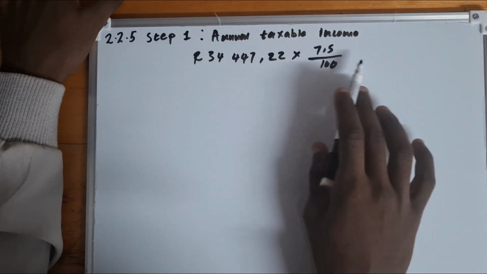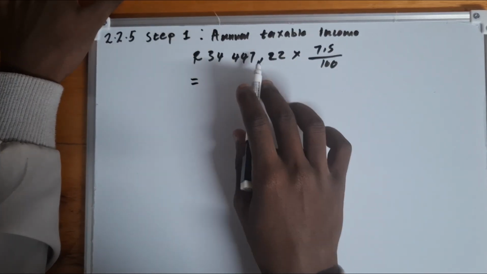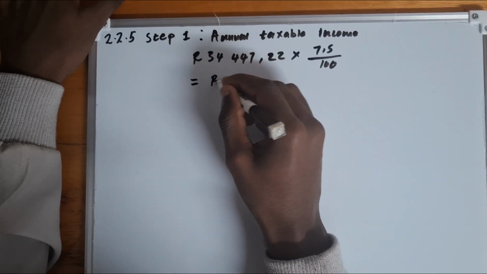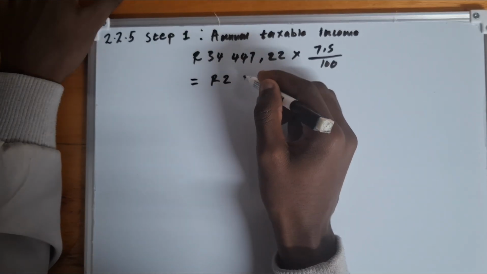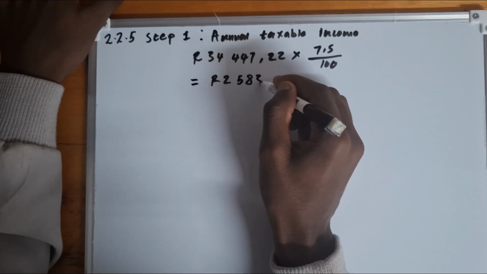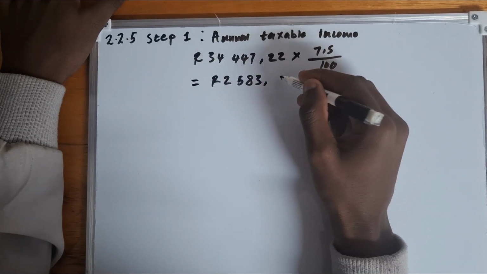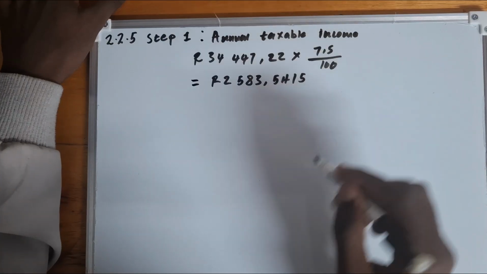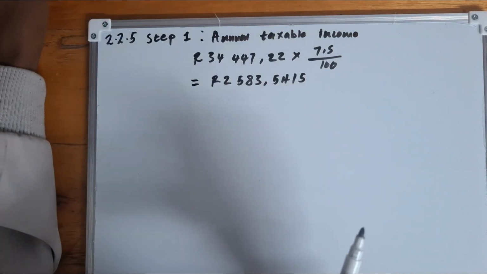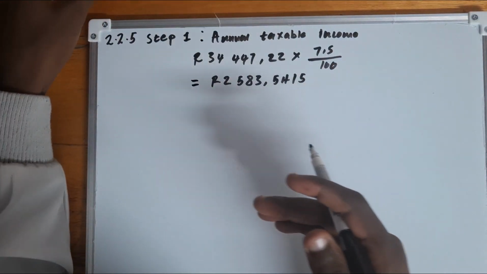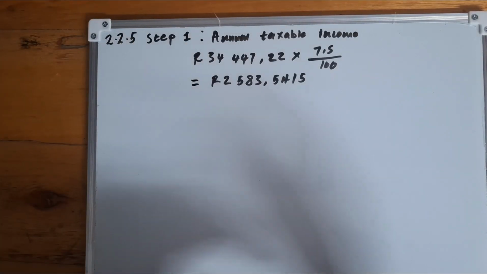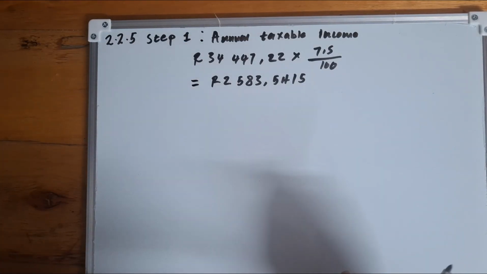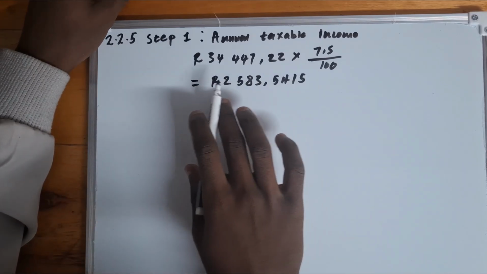Then we are going to multiply this to get her pension fund of 2,583.5415. Remember, in mathematical literacy, we do not round off while we are still calculating. We round off at the end so that we can get the most accurate answer.